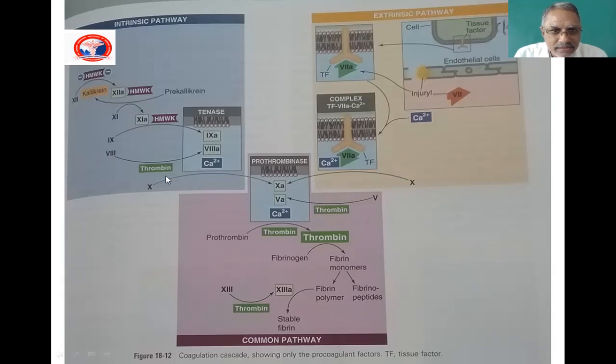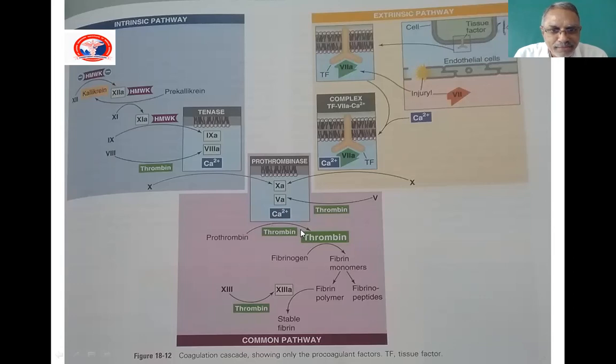It comes from the intrinsic pathway through factor 9A, factor 8A, and calcium, and from the extrinsic pathway through the complex of tissue factor, factor 7A, and calcium. And this factor 10A, factor 5, and calcium convert prothrombin to thrombin.